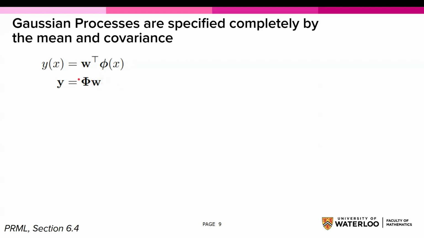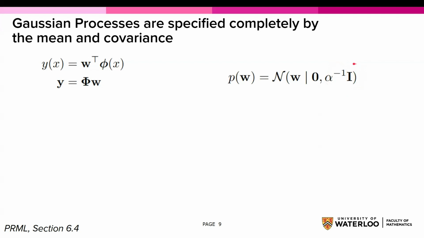And let's also now assume a prior distribution over the weights as a zero mean distribution, because we typically don't have prior knowledge about the mean of function values. And then we'll also assume that the covariance matrix is a diagonal matrix.